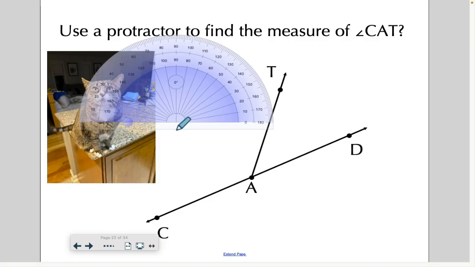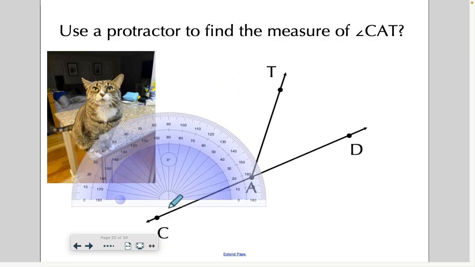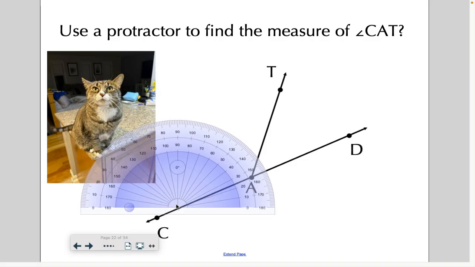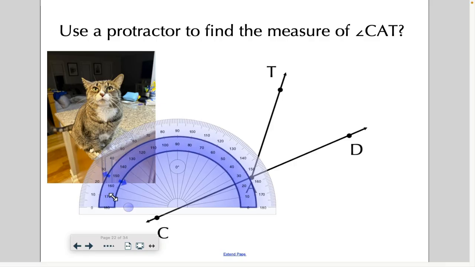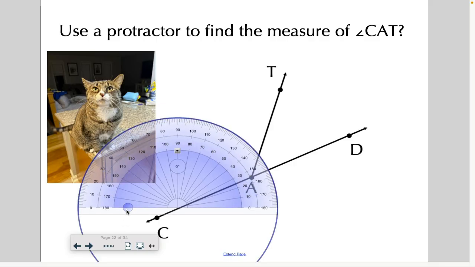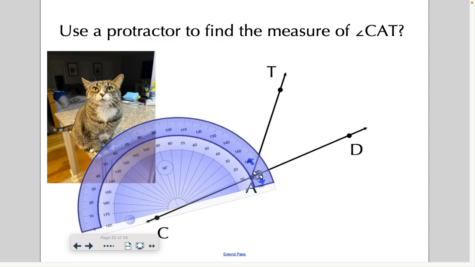Well, friendly reminder about how to use the protractor. Somebody tell me how to use the protractor step by step. Sawyer. You put a little dot on the edge of the circle in the protractor. Okay. So you put it where? On the angle. Okay, rotate like this.